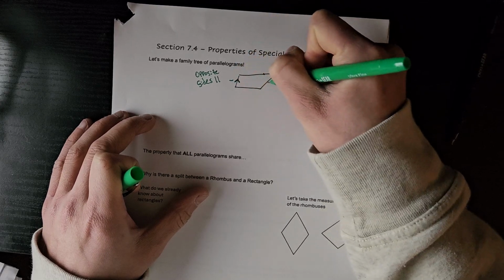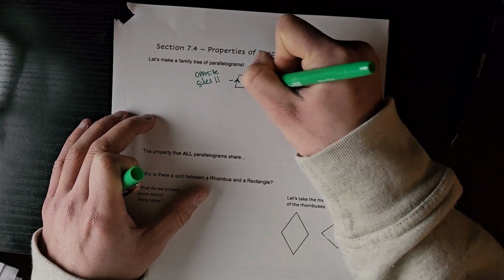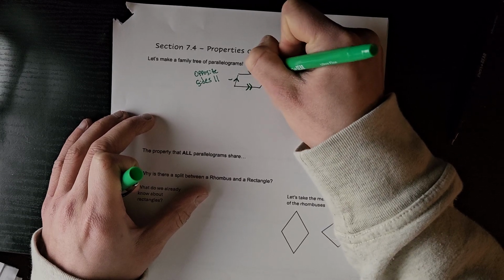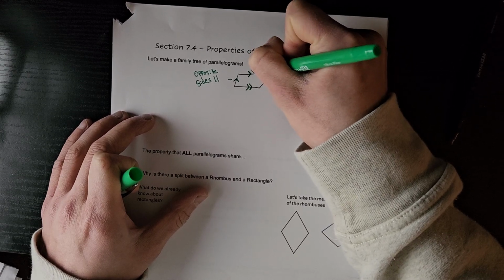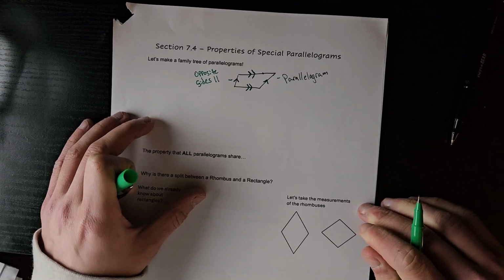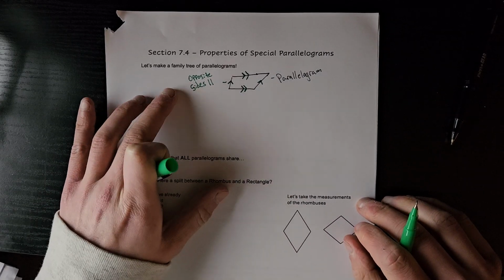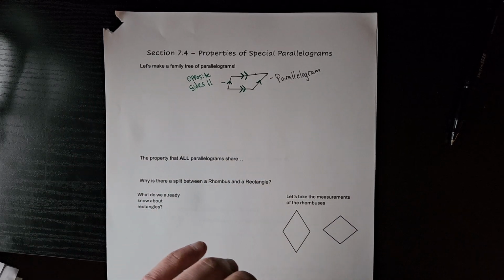Any quadrilateral that has opposite sides parallel is a parallelogram. This is the defining trait of a parallelogram.